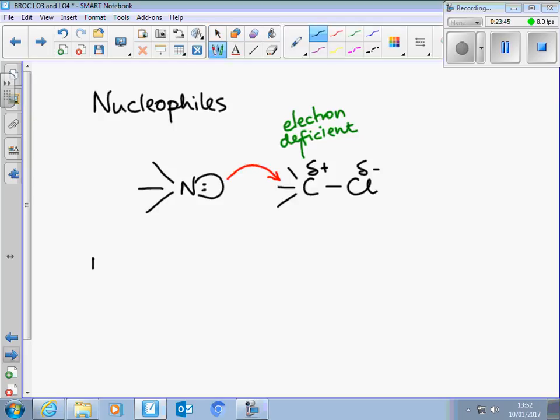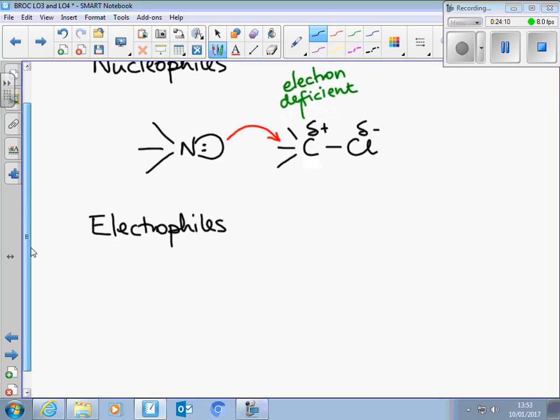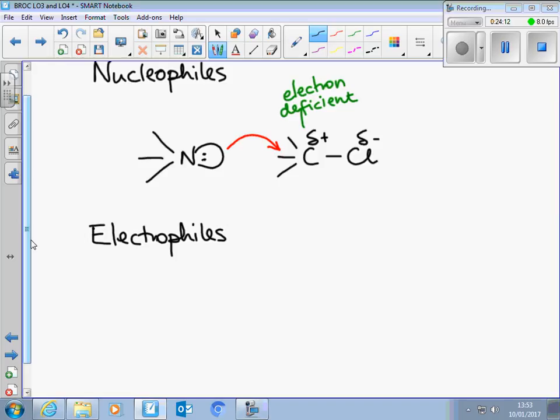The other option is electrophiles. I'm not 100% sure about the diagram on this. Electrophiles attack electron-rich regions. Oh yes, that's all right.